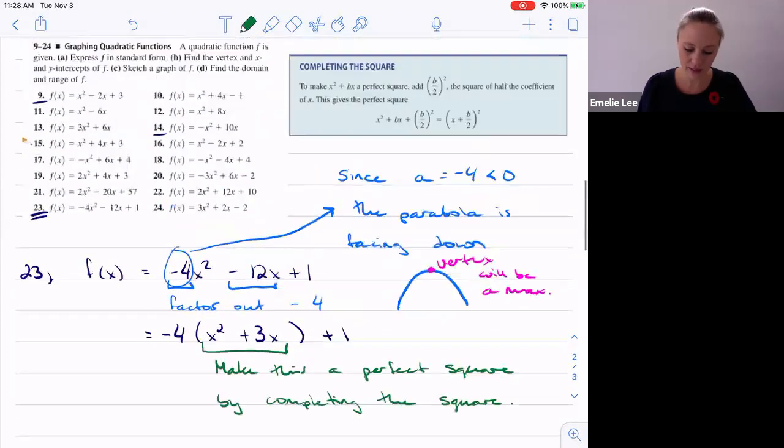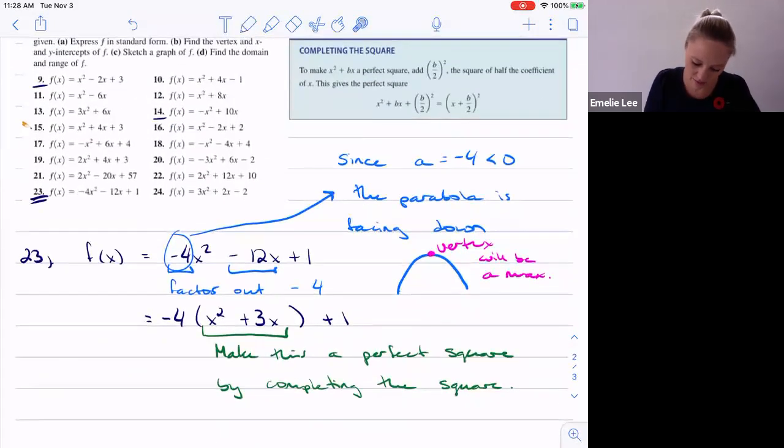Completing the square says that if I have something like x squared plus 3x, I have to add b over 2 squared, and I know that seems weird, but it works. So x squared plus bx plus b over 2 squared, I can rewrite as x plus b over 2 all squared. But if I'm adding b over 2 squared, I also have to subtract b over 2 squared.